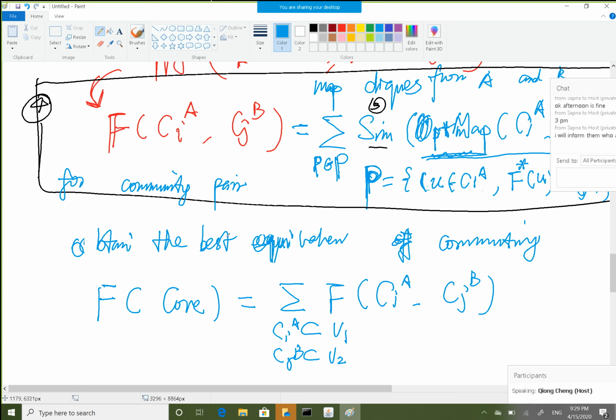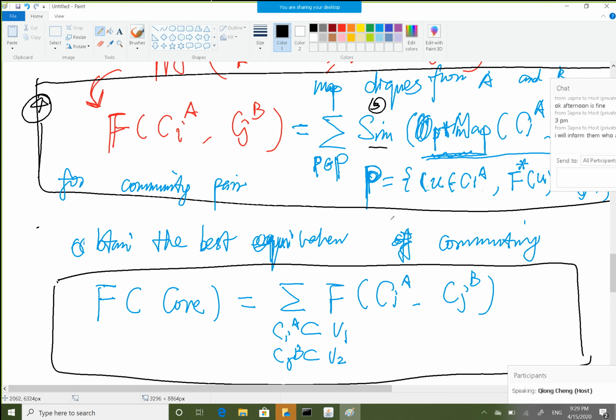This part is the formula to calculate the best mapping for all the communities, right?